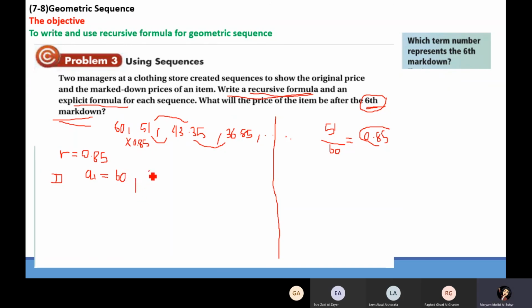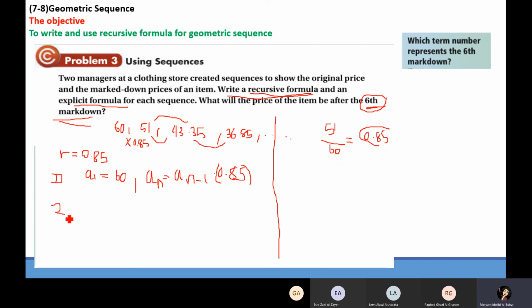Then AN equals AN minus 1, the previous term, times R. What is R? R is 0.85. There is no power here for this one, just times R only.